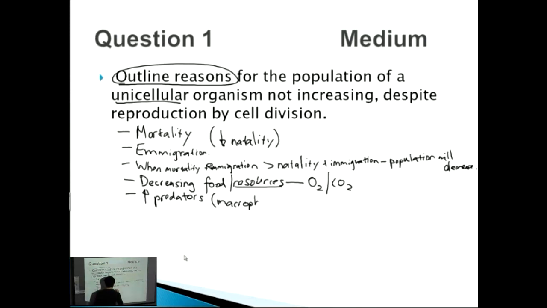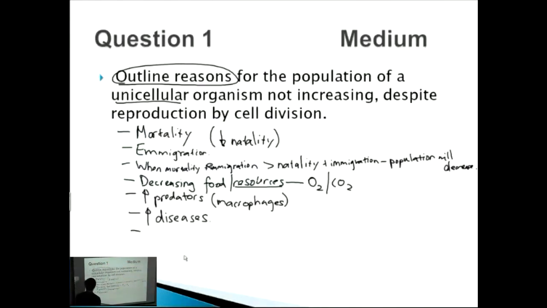These are the natural white blood cells of the body that attack the bacteria. It might have increasing diseases as well. And these are a couple of different things which might cause an increase in mortality.